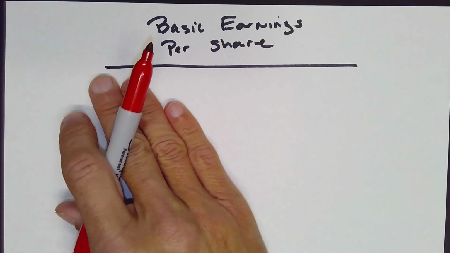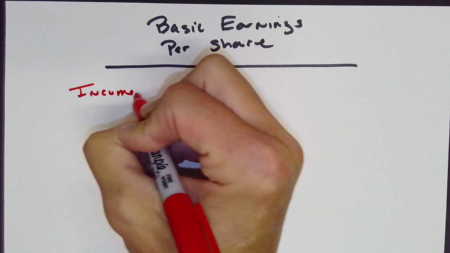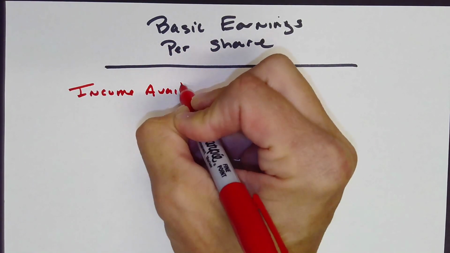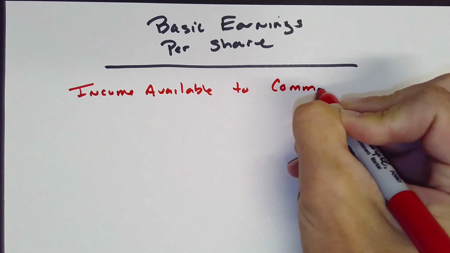So we're really looking at income available to common shareholders.